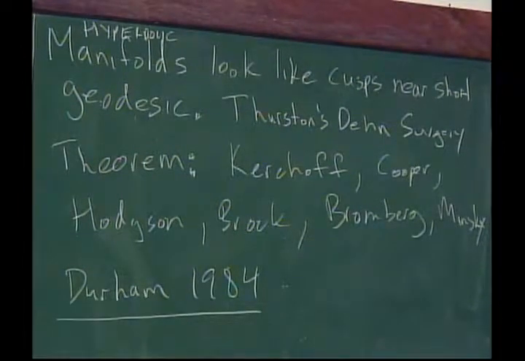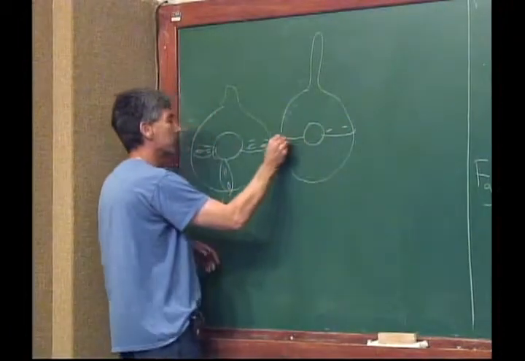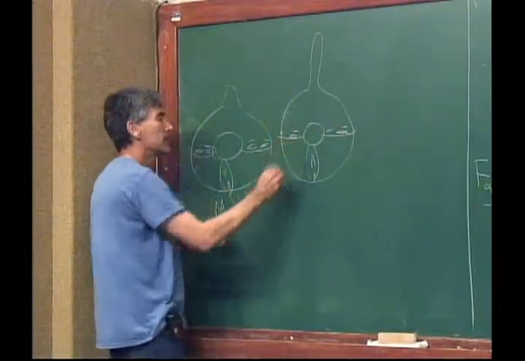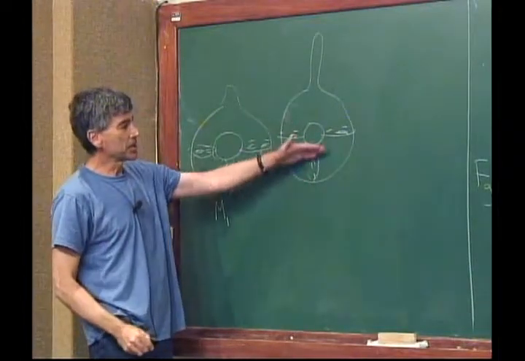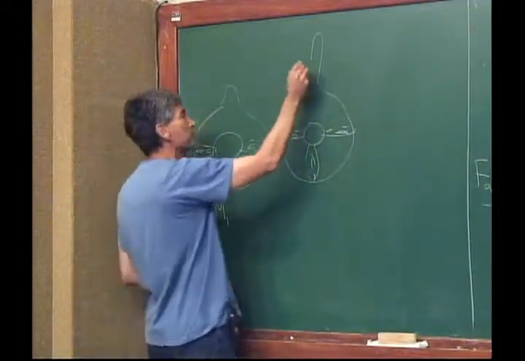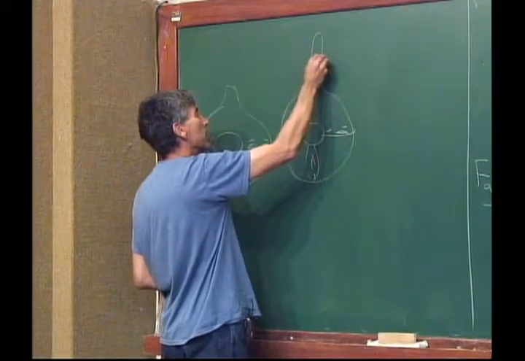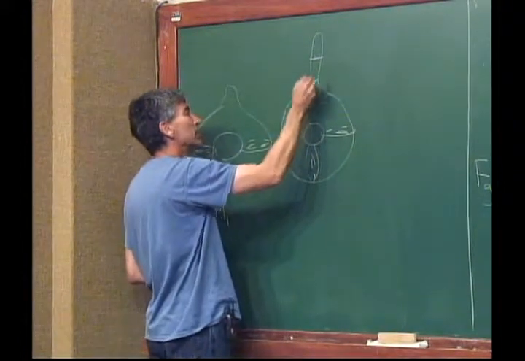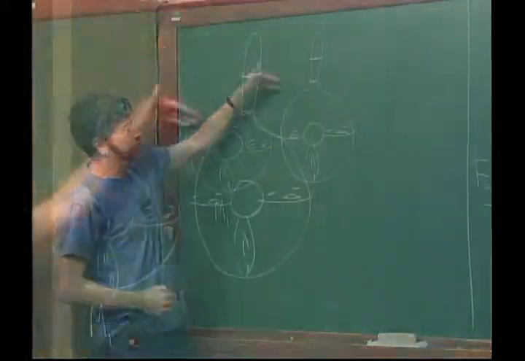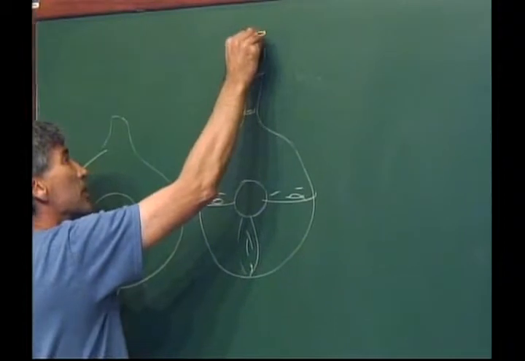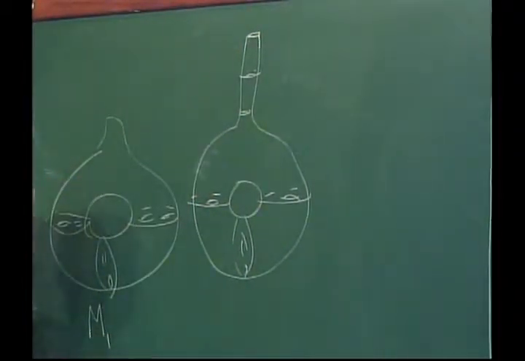Maybe this is the first one. This will be the second one. It'll look very similar in the bulk of this filling out by surfaces, but there'll be this very long piece here. You should think of this as really long and getting very thin, and right at the end of it you'll see a fairly short geodesic.